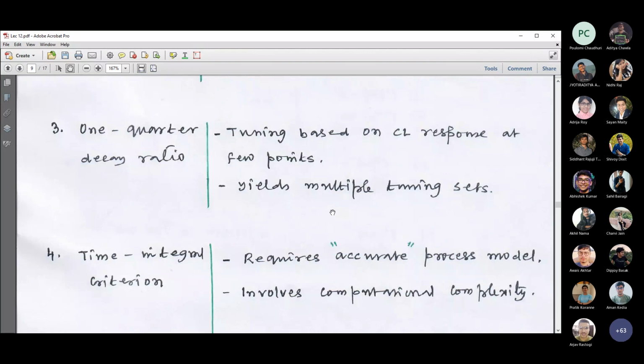Just now we have discussed time integral performance criteria. It has 2 limitations. It requires an accurate process model. In other words, if the process model is not accurate enough, do not expect a good tuning set.